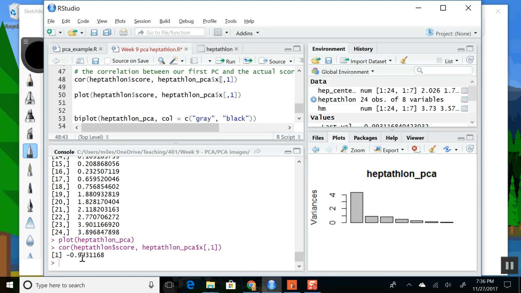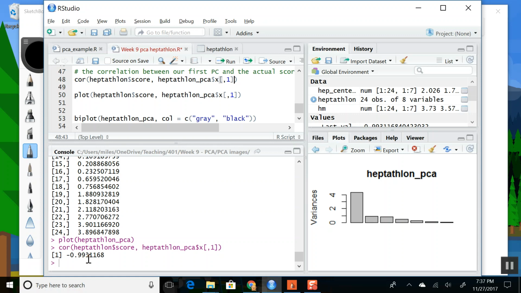The Olympics have some formula for combining the scores from the 7 different events, so everybody gets 1 score for the heptathlon. When we do principal components analysis, projecting the 7 scores down onto one dimension lines up almost perfectly with what the Olympics are doing.